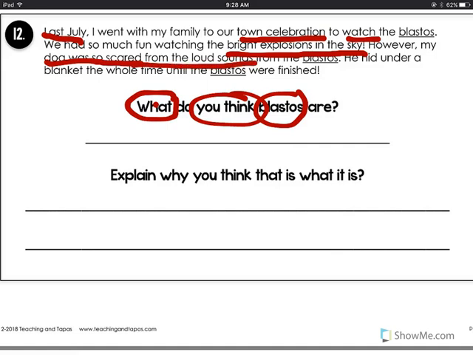So something that's so loud it would scare a dog. He hid under a blanket. Oh, I know what it is. So Blastos would mean fireworks. So I used my background knowledge to figure this out, plus a lot of the text.